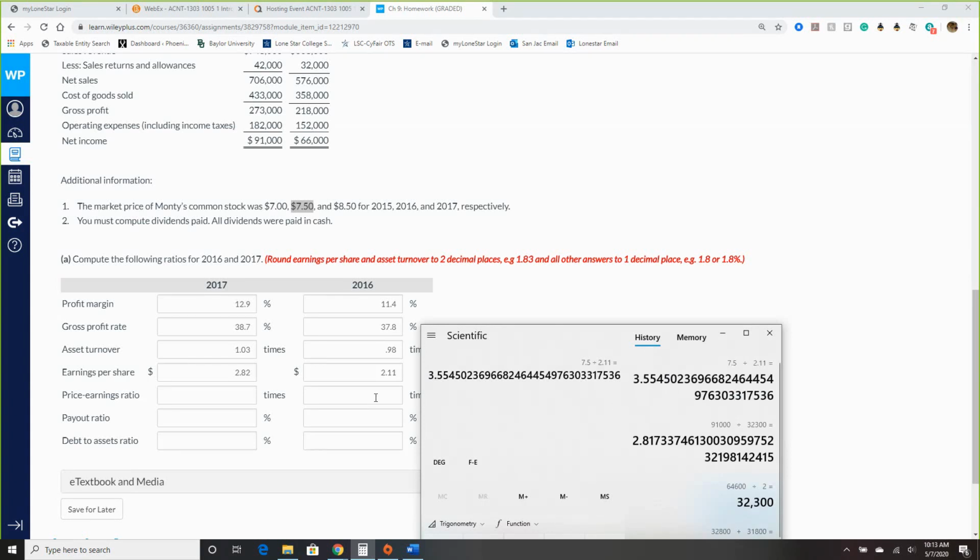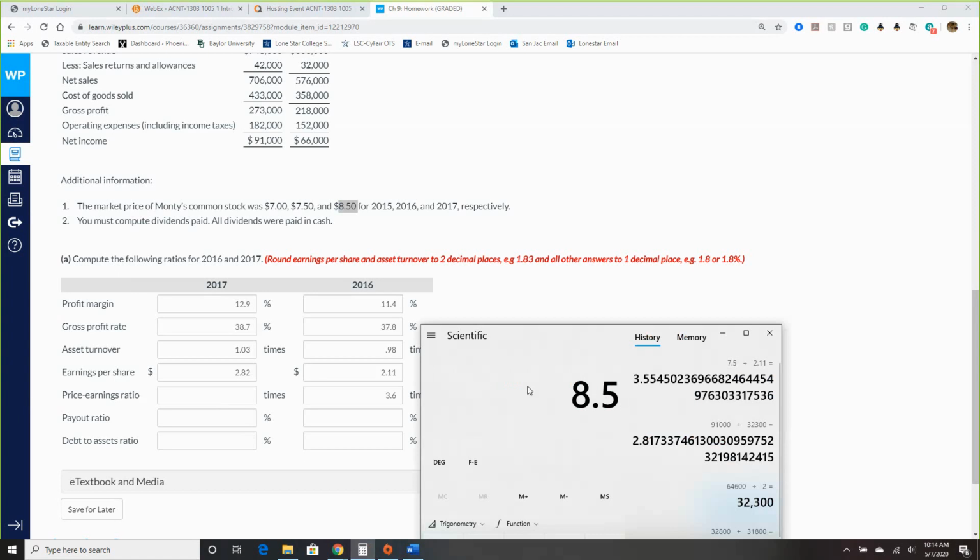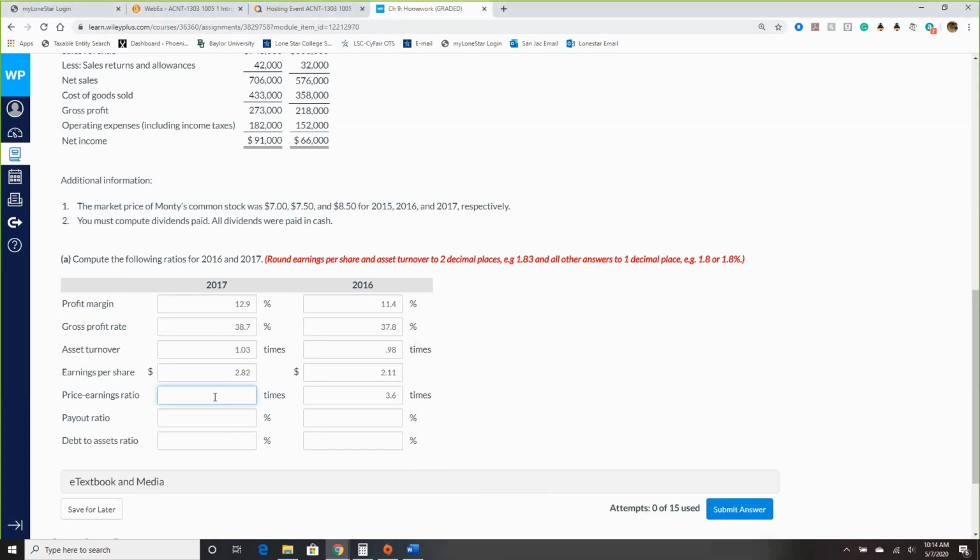And it's going to be 3.6. Because remember, only earnings per share and asset turnover get 2 decimal places. So 3.6. 17, it was $8.50. So 8.5 divided by 2.82. And this ends up being 3 times.